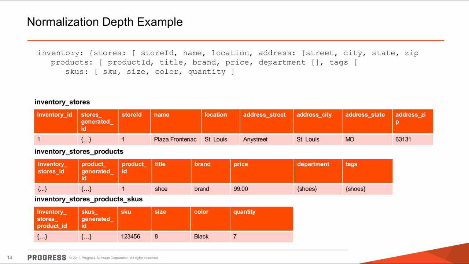So inventory stores product SKUs relates to inventory stores products, and that table inventory stores products relates to inventory stores. So you've got this very natural normalized relational view that maps directly to the structure of the JSON document. And this can go on and on in terms of depth. So a lot of power.